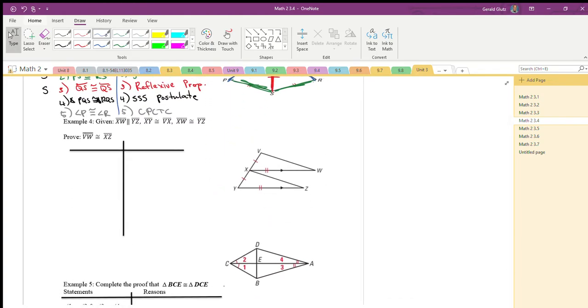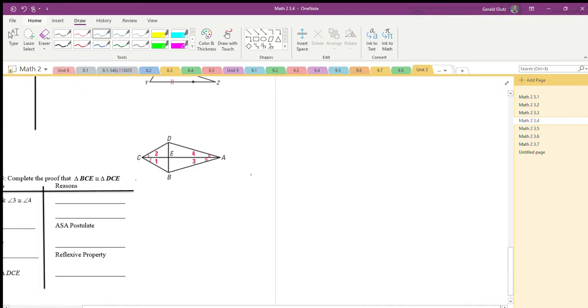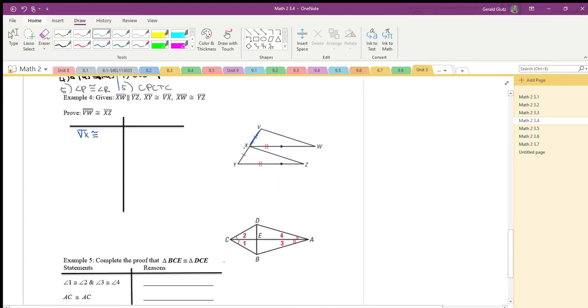Example 4. So again, I'm going to write everything that I know first. So VX is congruent to YX. And that's just given.